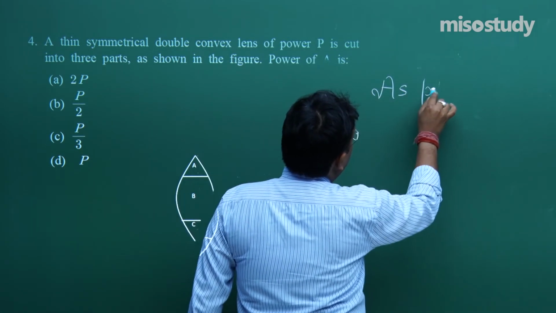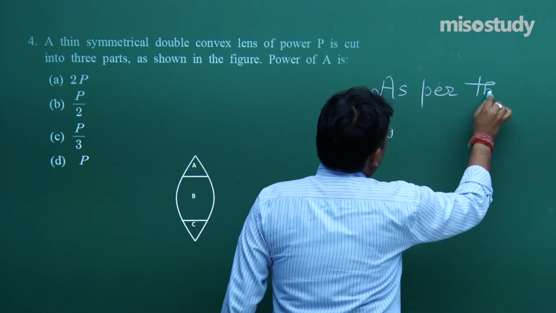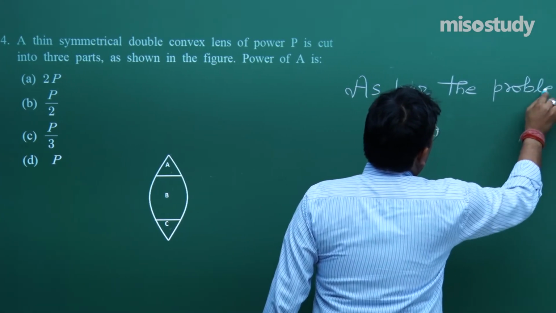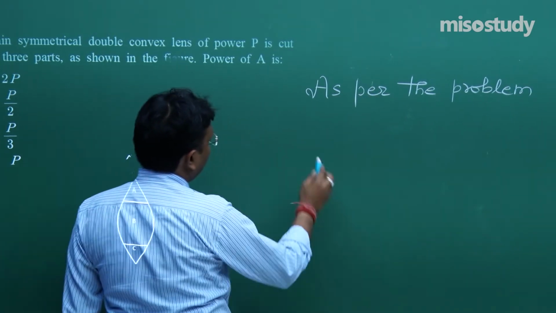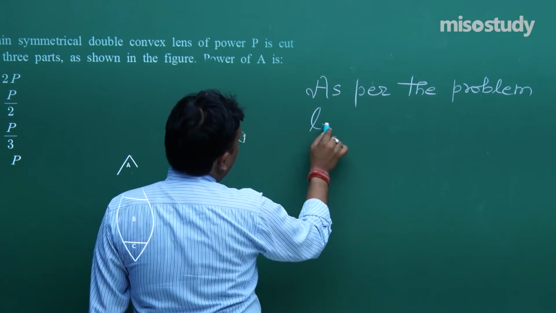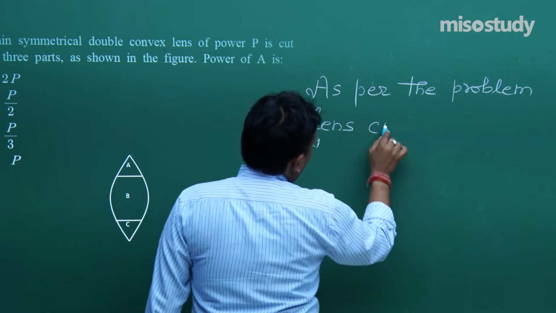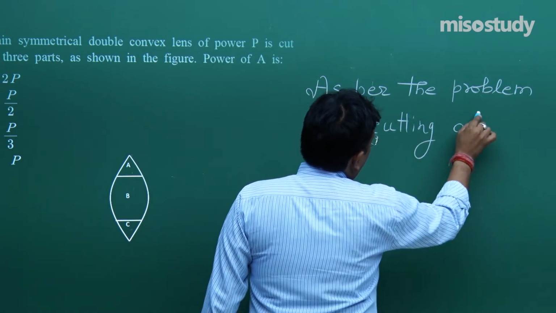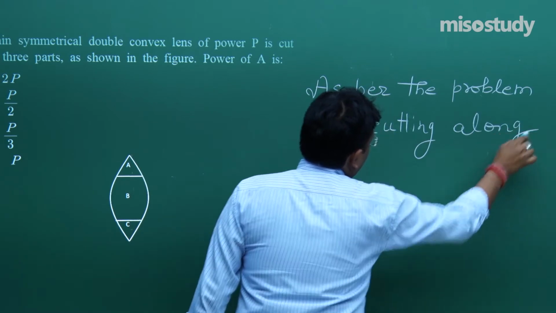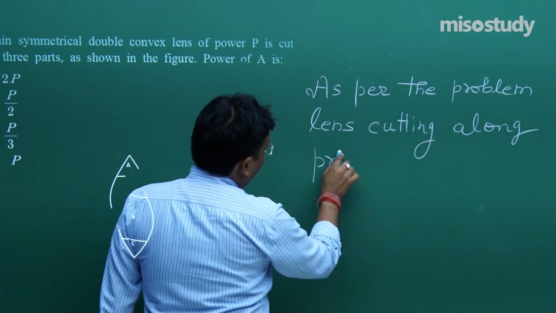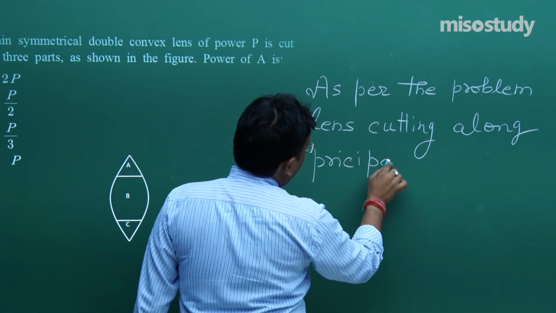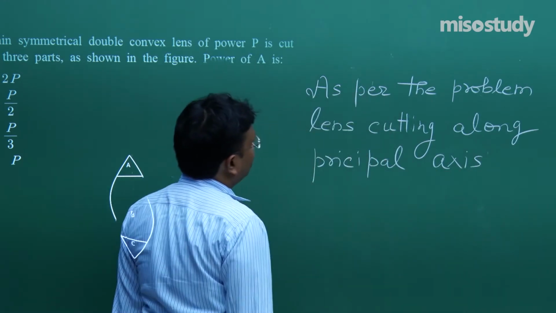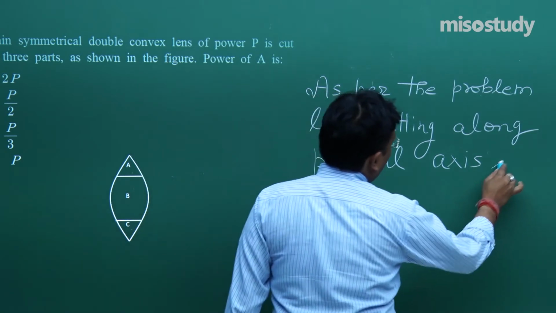As per the problem, the lens is cut along the principal axis.